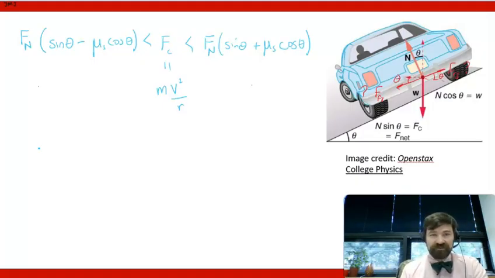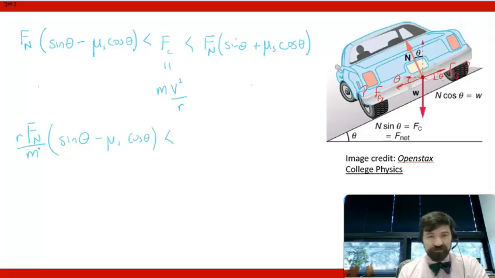Essentially, this is stating that your maximum speed or your minimum speed, there's actually now a minimum speed needed, falls within this range: Fn times r over m times sine of theta minus mu times cosine theta must be less than v squared. So we could also just take the square root of all this.